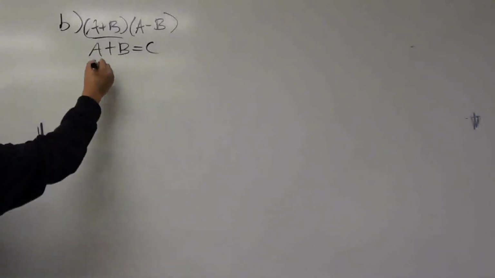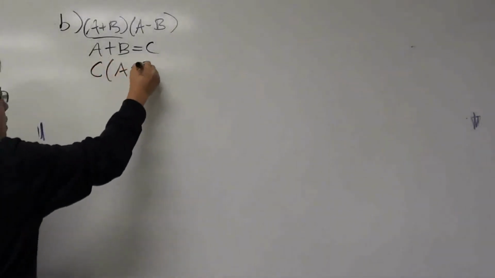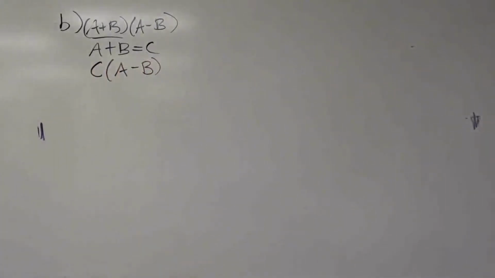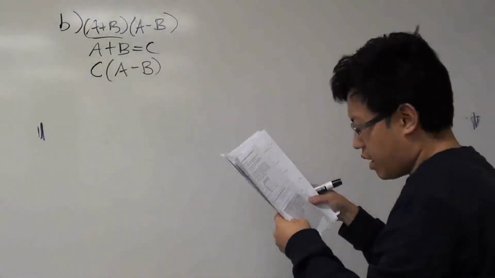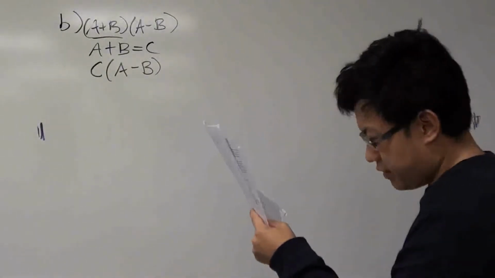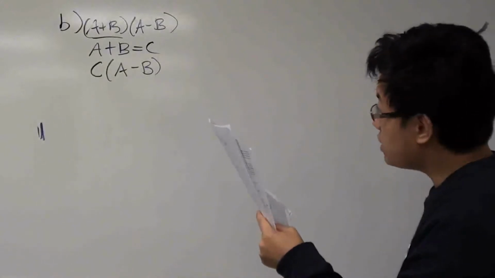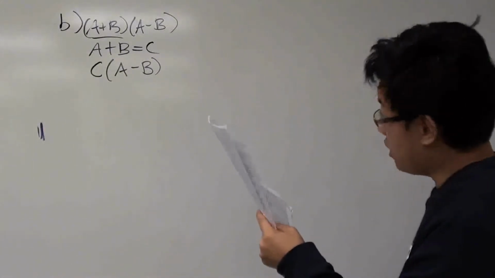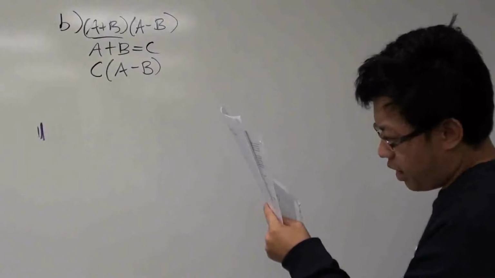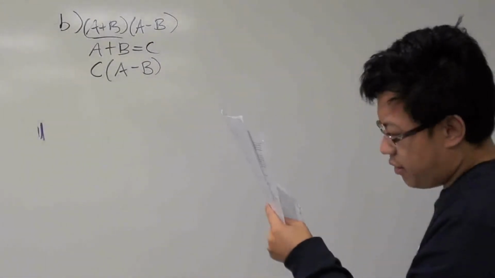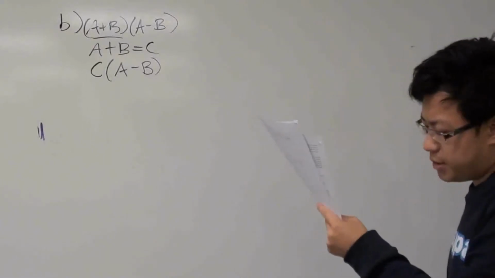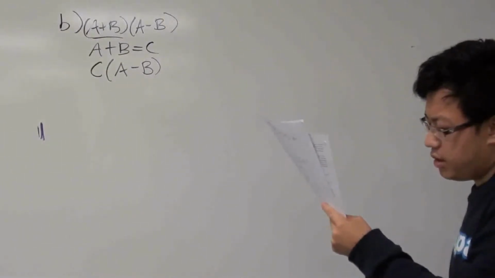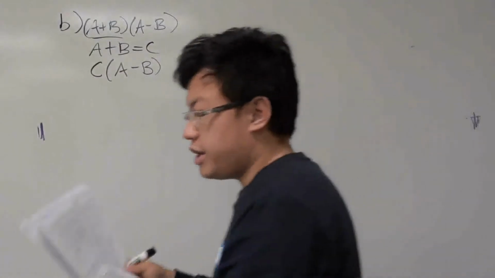So then it's going to be C(A-B). This is on theorem 1.4.1, which letter specifically? Oh yeah, literally copy and paste from F. Theorem 1.4.1 F says A times (B minus C) is AB minus AC, and that's on page 39, by the way.